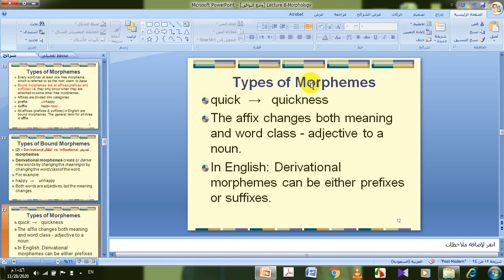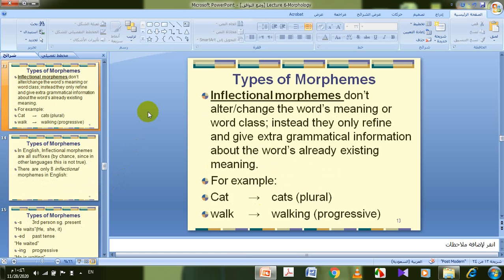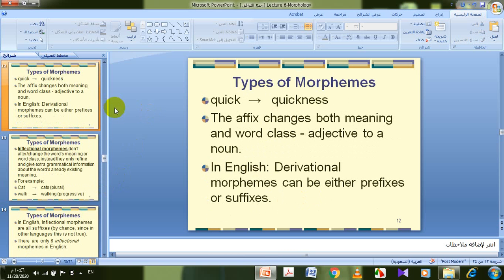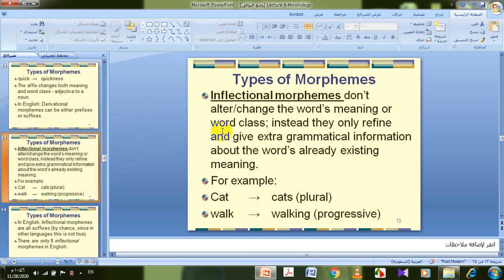Prefixes and suffixes are in general all affixes. So derivational morphemes can be either prefixes or suffixes.